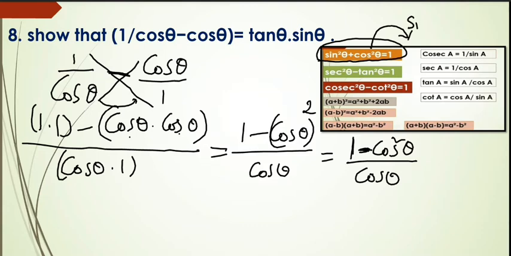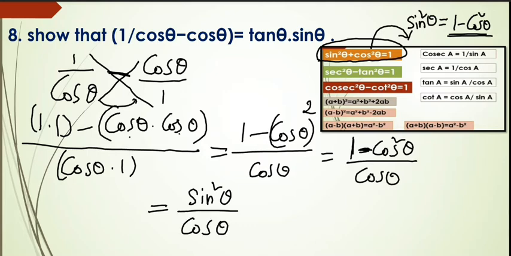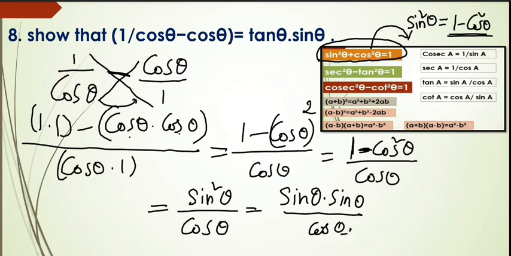We get the left side as sin square theta, which is equal to 1 minus cos square theta. That means instead of 1 minus cos square theta we can write sin square theta. So sin square theta by cos theta. Observe that sin square theta means sin theta into sin theta by cos theta.